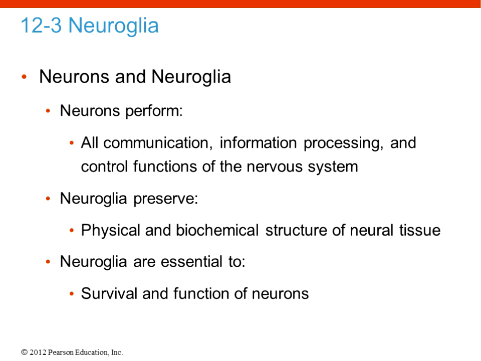All right. So to summarize, the difference between neurons and neuroglia: neurons perform all the communication, information processing, control functions of the nervous system, where the glial cells, or neuroglial cells, preserve the structure and the physical and biochemical integrity of the nervous tissue.